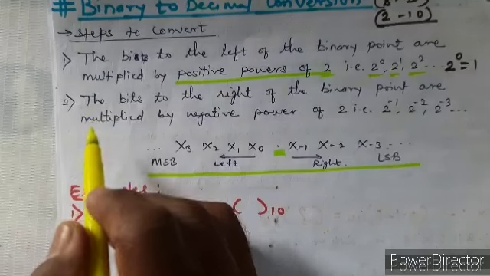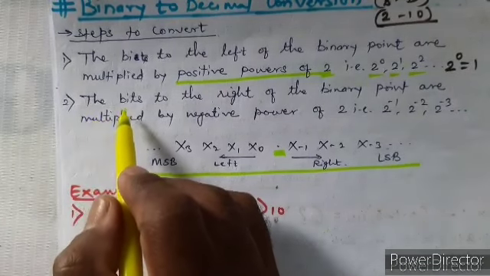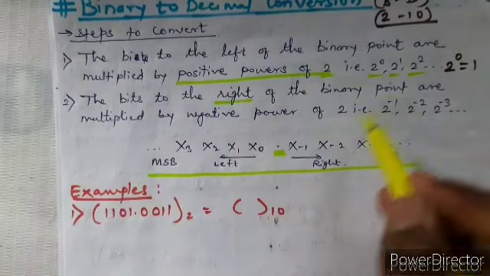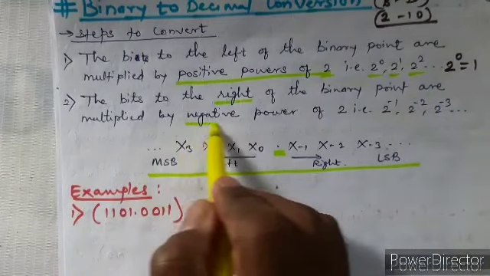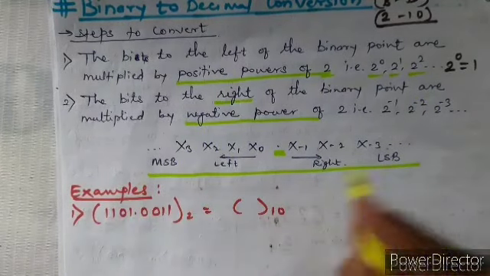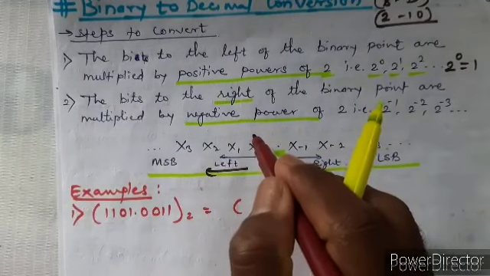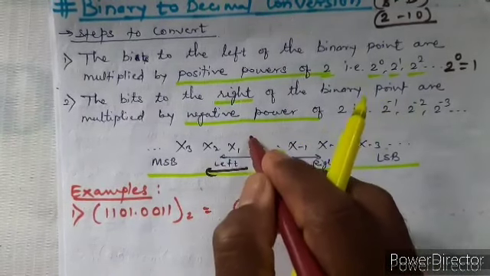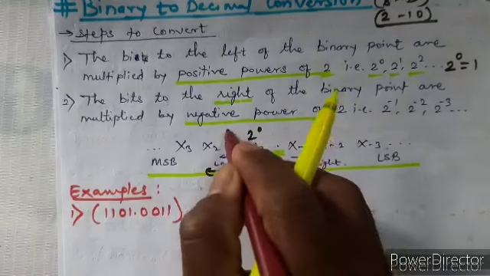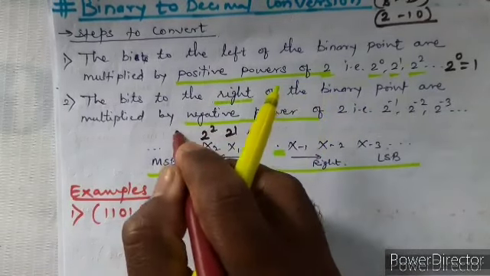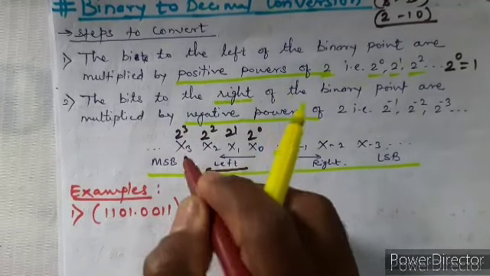The second step is the bits to the right of the binary point are multiplied by negative power of 2. So you can see as we move towards this side, we are going to multiply this with 2 raised to 0, 2 raised to 1, 2 raised to 2, 2 raised to 3, these coefficients.